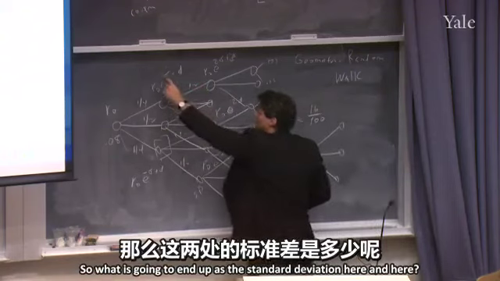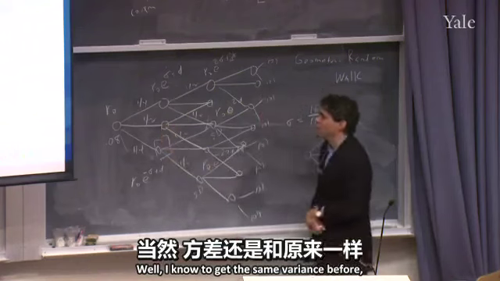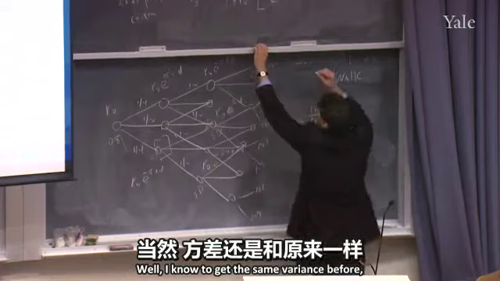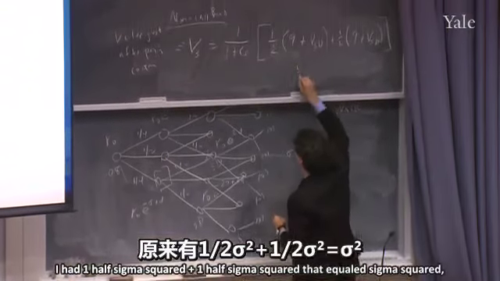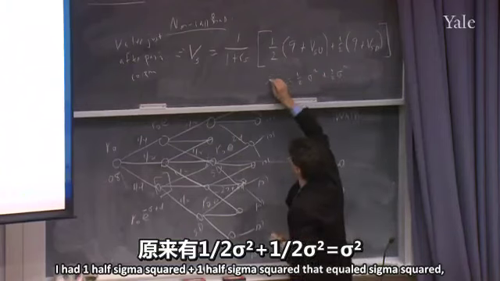So what is going to end up as the standard deviation here and here? To get the same variance: before, I had a half sigma squared plus a half sigma squared, which equals sigma squared.